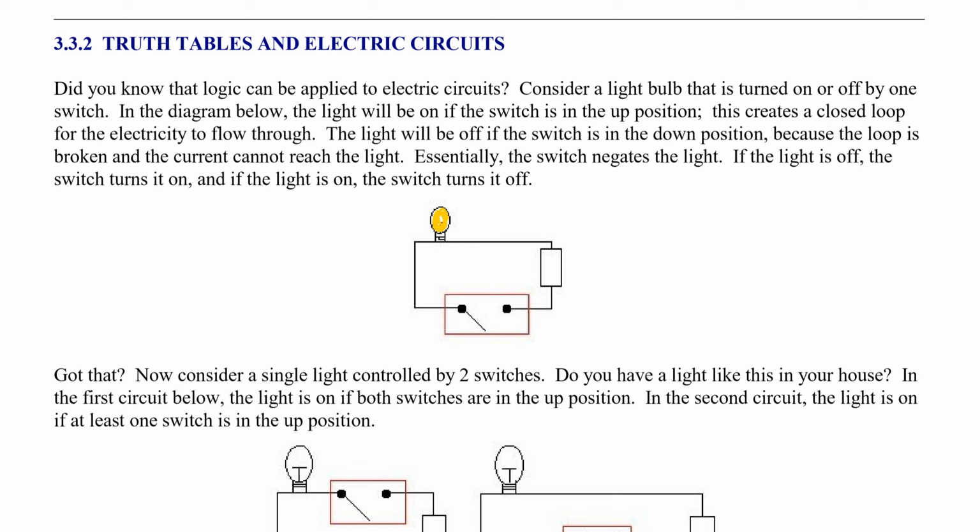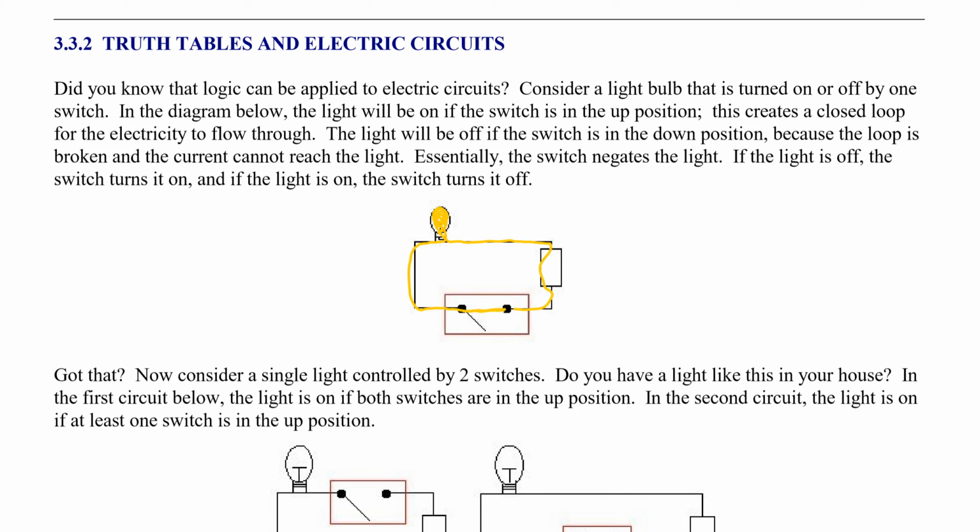So here's my light bulb and here's my switch. In the diagram below, the light will be on if the switch is in the up position. So if I put the switch in the up position, then the electric current is going to be able to reach the light and light it up and get back to a closed loop.